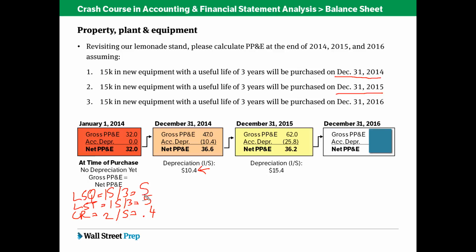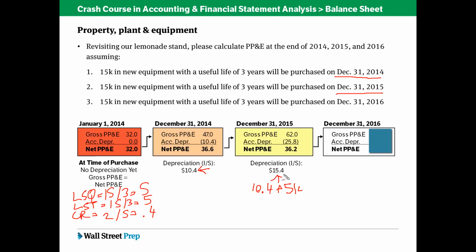Well, it's the same lemon squeezer, lemonade stand, and cash register from before, so you still have the original 10.4, but now you also have a year's worth of the equipment that you bought at the very end of 2014. So you've got $5,000 worth of new equipment that you're depreciating, so 15.4, and that's what this amount is.